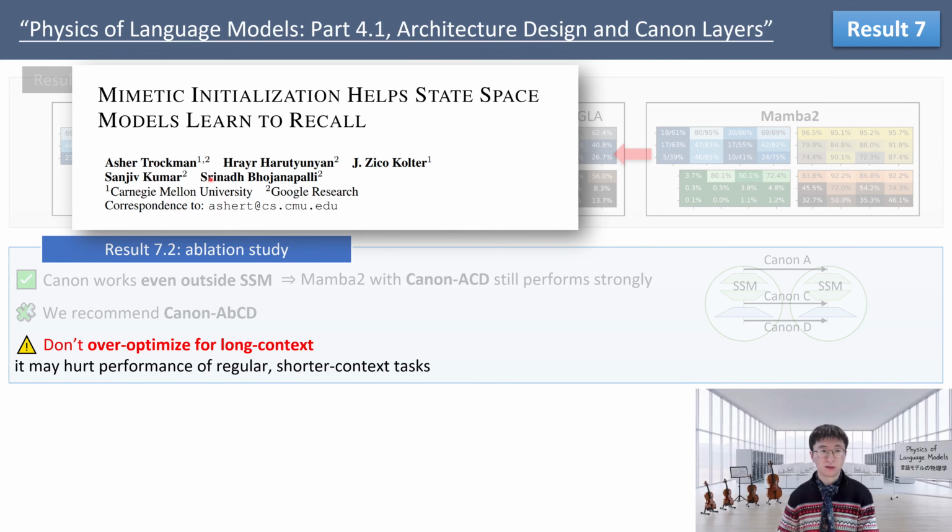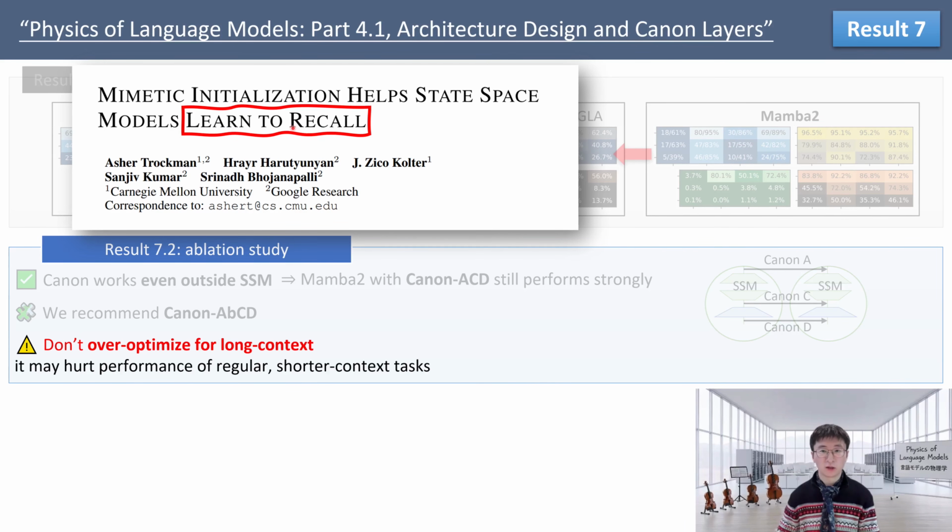This was a paper that I really liked a lot. That's the so-called mimetic initialization. So it discovers that if on top of the same Mamba 2, or it can also be the Mamba 1 architecture, you change the initialization a little bit to make it behave more closely to attention, then the model suddenly performs very strongly on long context, especially on the associative recall tasks.